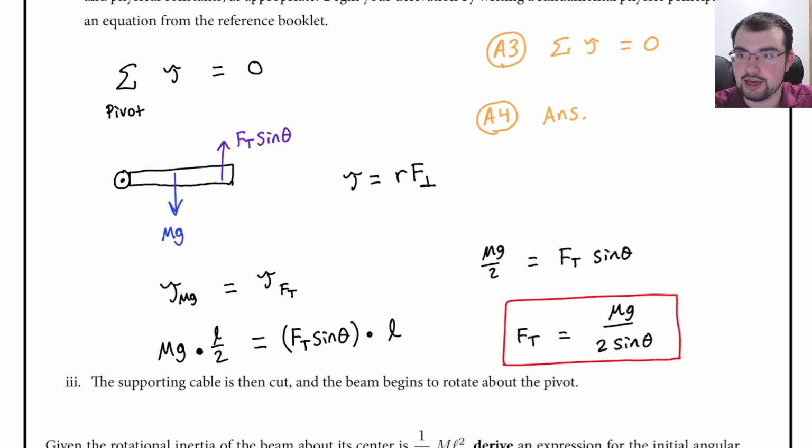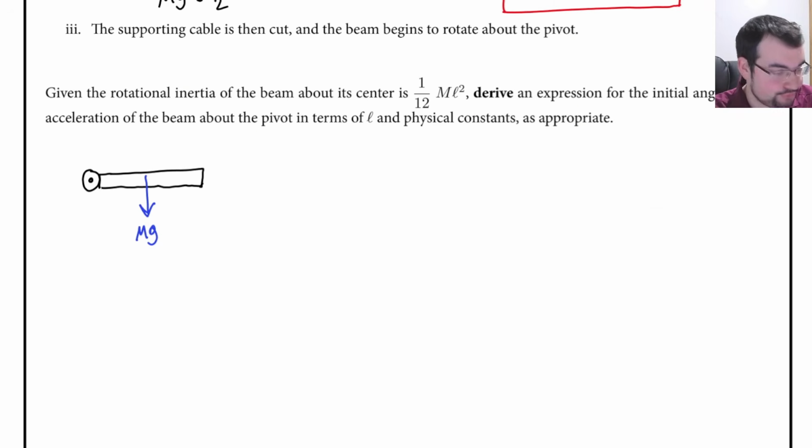But again, we're just cutting this cable. Okay. So if we want acceleration and we know things about torque, we're not going to use F equals ma, which is translational. We're going to use net torque is equal to I alpha, Newton's second law for rotation.